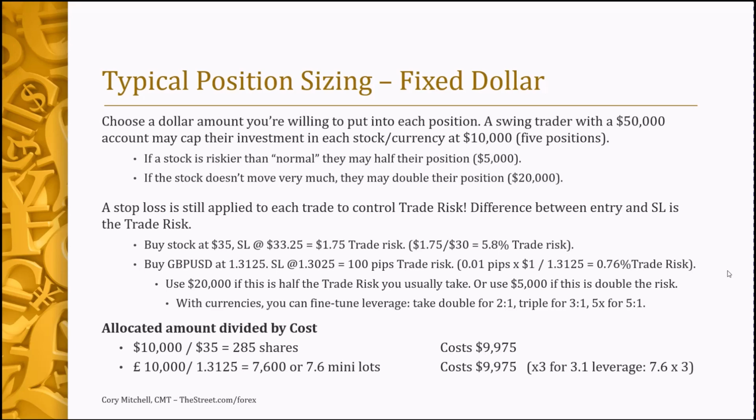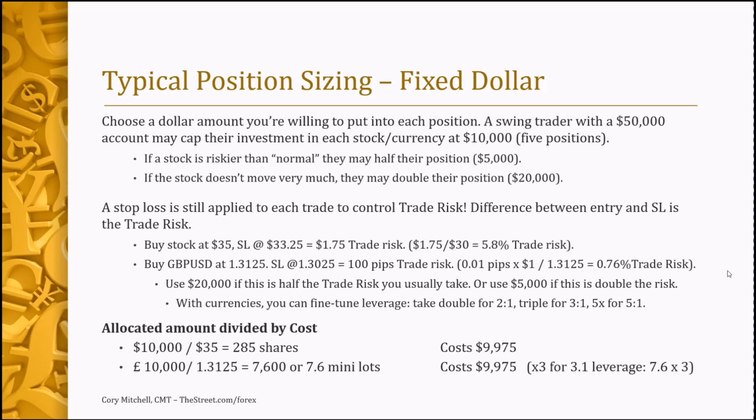A couple examples here. Assume you buy a stock at $35. You place a stop loss at $33.25. That's $1.75 of trade risk. You could convert that to a percentage to help you see how risky your trades are relative to each other. So that's about 5.8% trade risk.